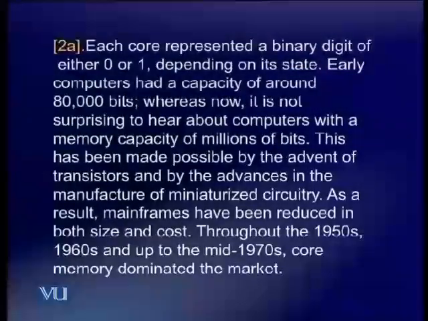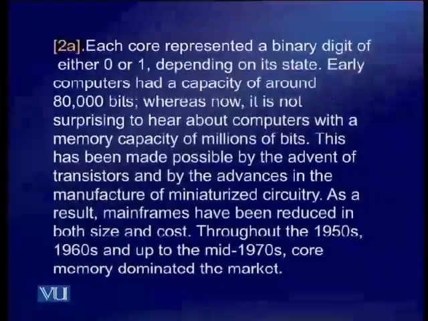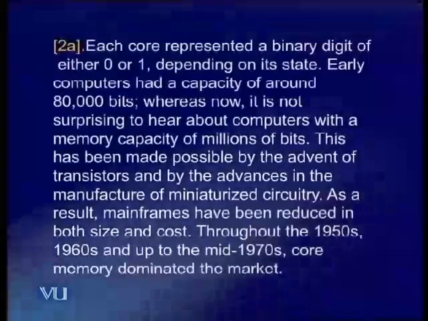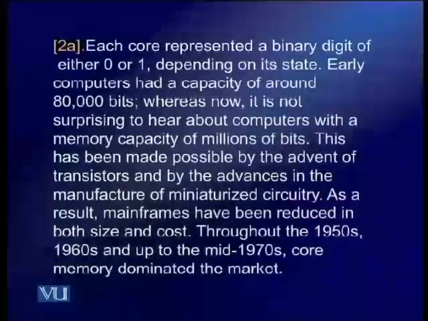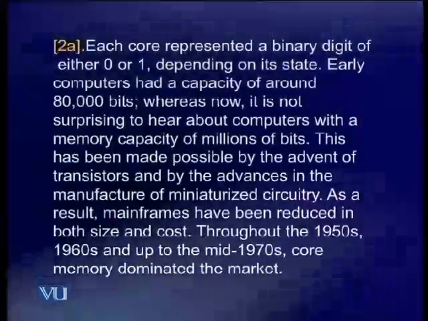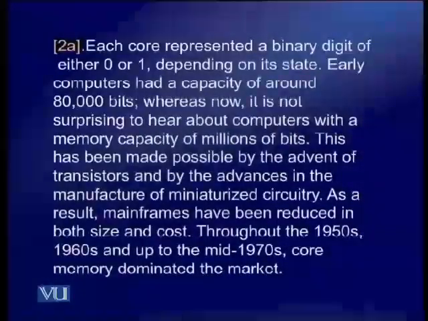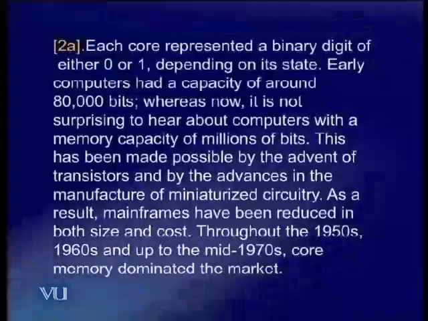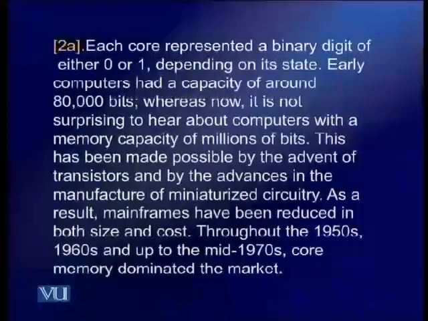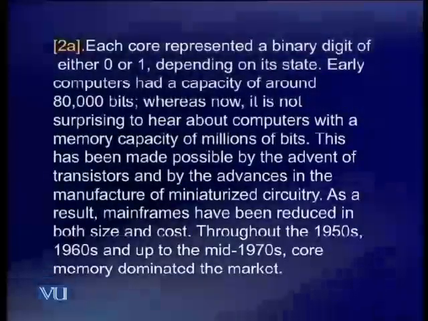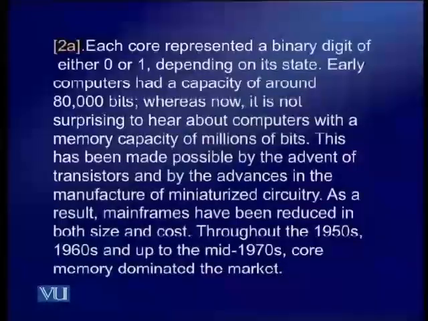Early computers had a capacity of around 80,000 bits, whereas now it is not surprising to hear about computers with a memory capacity of millions of bits. This has been made possible by the advent of transistors and by the advances in the manufacture of miniaturized circuitry.